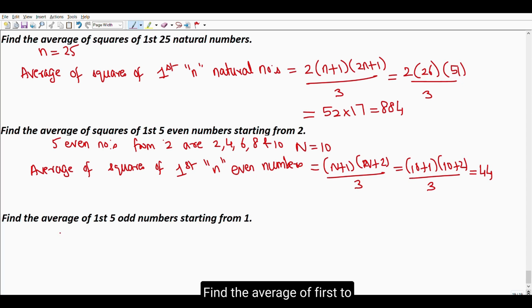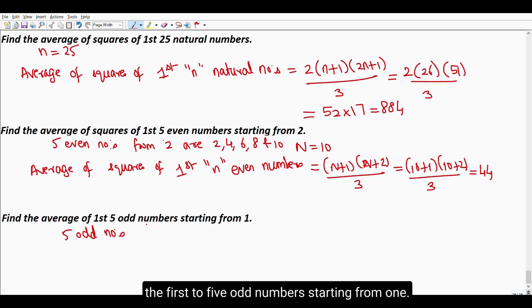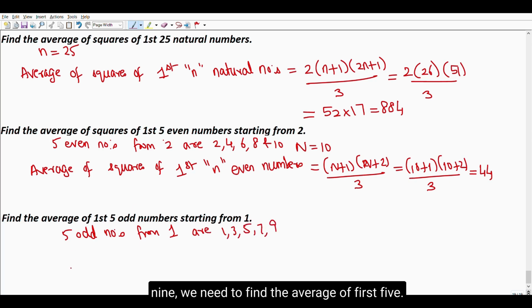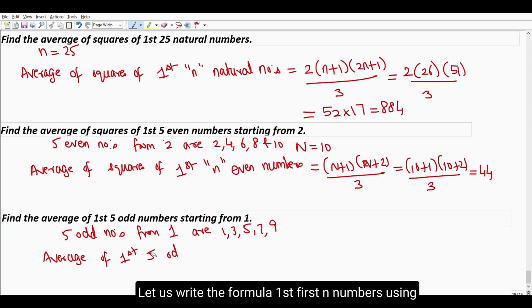Find the average of first 5 odd numbers starting from 1. Similar to the above question, we need to write down the first 5 odd numbers starting from 1. Therefore, 5 odd numbers starting from 1 are 1, 3, 5, 7 and 9. Let us write the formula first.